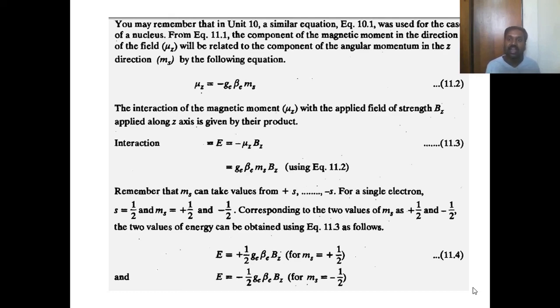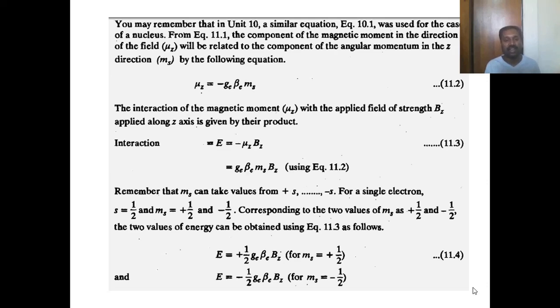The interaction between the applied magnetic field Bz and the magnetic moment created by the spinning electron. As soon as we apply an external magnetic field, the angular momentum vector gets aligned in two different directions, so we will look into the interactions only in these two directions. Therefore, the energy of that interaction is given by minus mu Z into Bz.